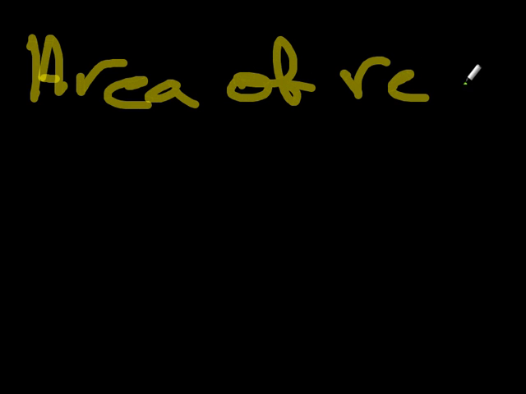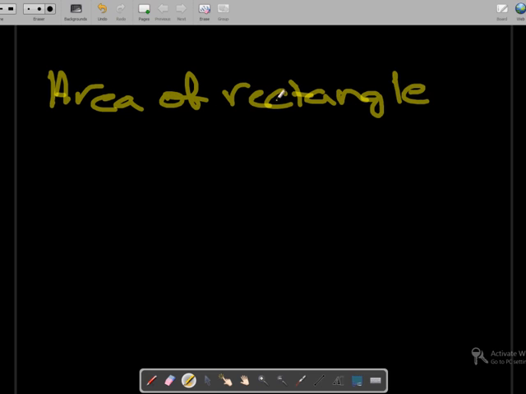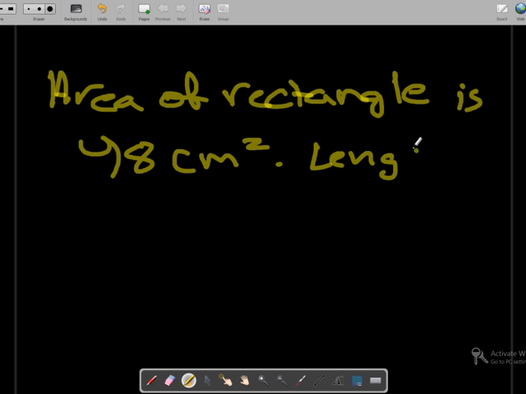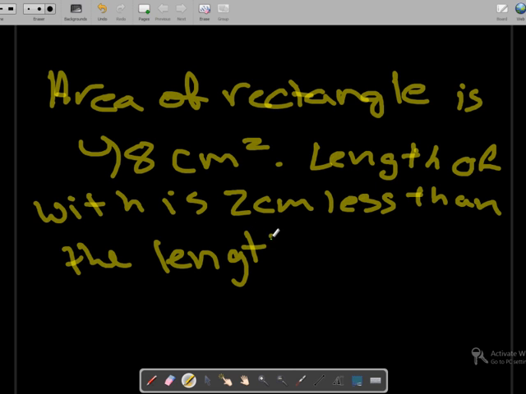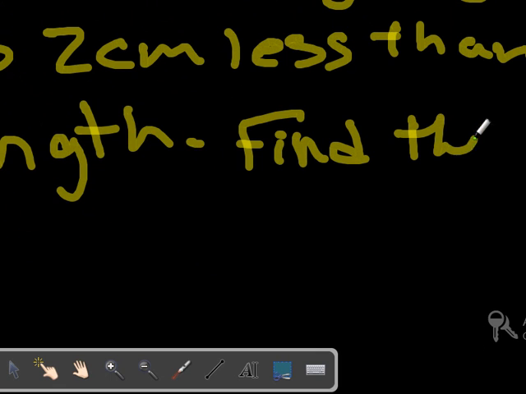So if we're given a problem: the area of a rectangle is 48 centimeters squared, the width is 2 centimeters less than the length. Find the perimeter.